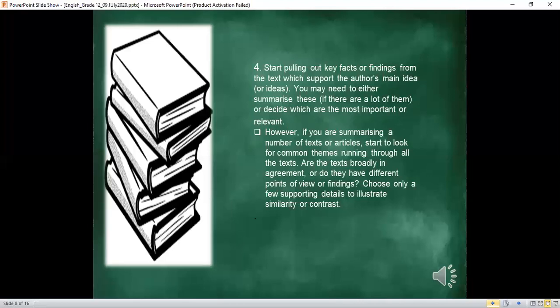It is important to make sure that you don't take all of these facts, because once you have the main ideas, you actually have the entire article. So you just pick a few facts to strengthen your summary. That's all you need.